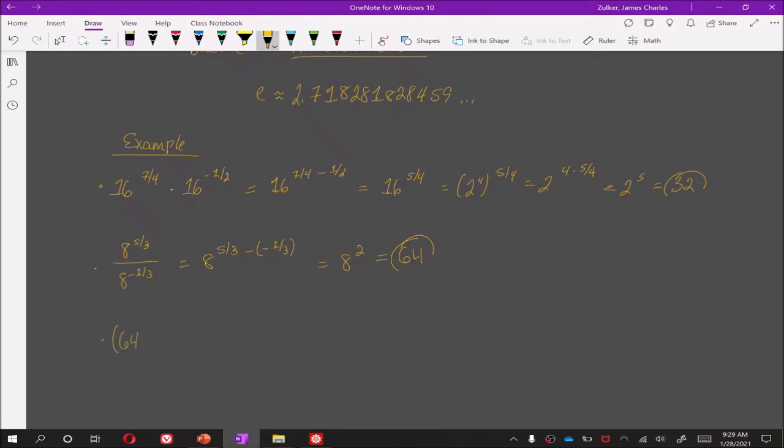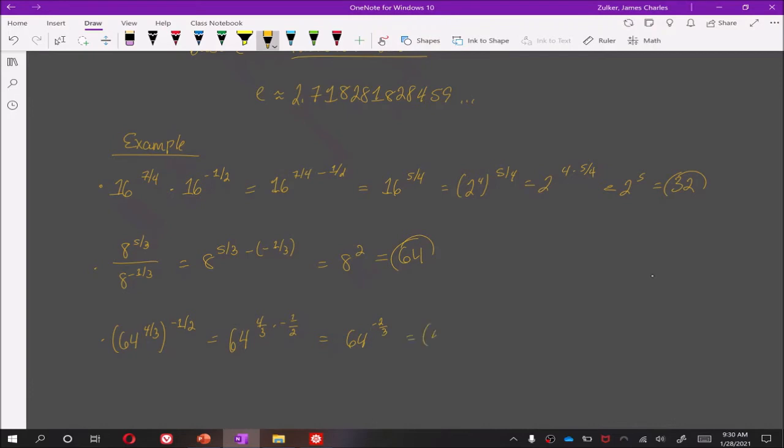Now 64 to the 4/3 times negative 1/2. I'm sorry, raised to the negative 1/2. This is 64 to the 4 over 3 times negative 1 over 2, which is 64 to the negative 2/3.